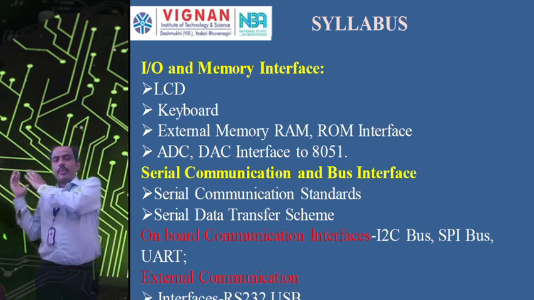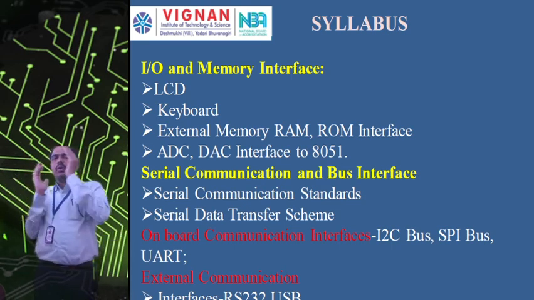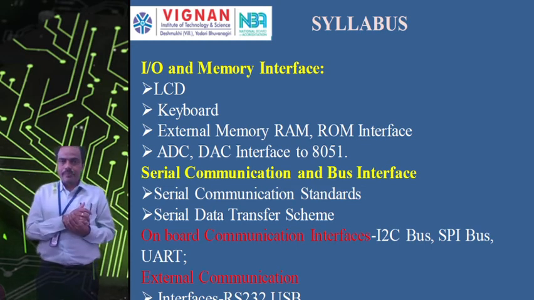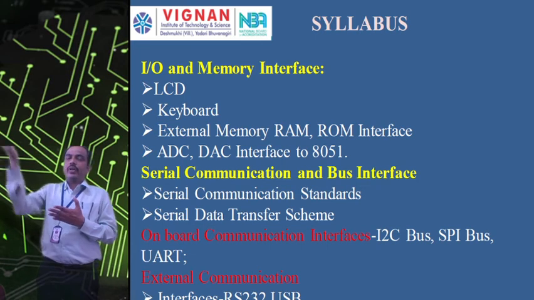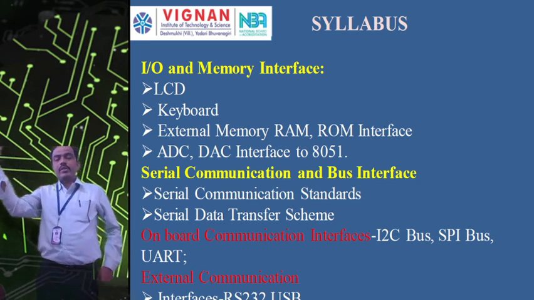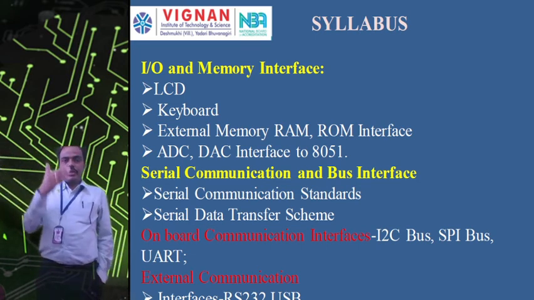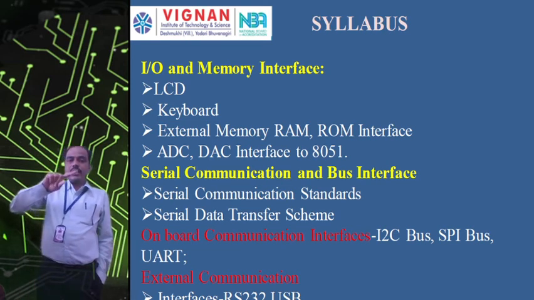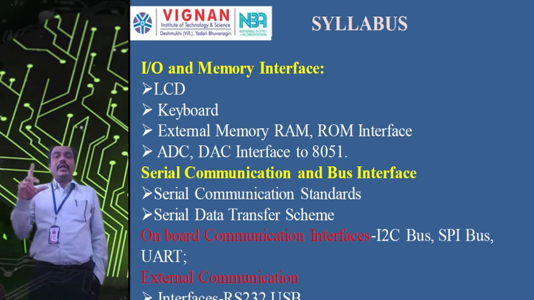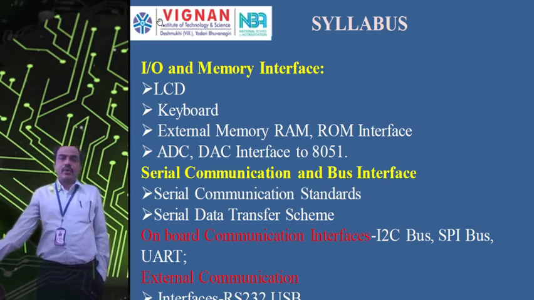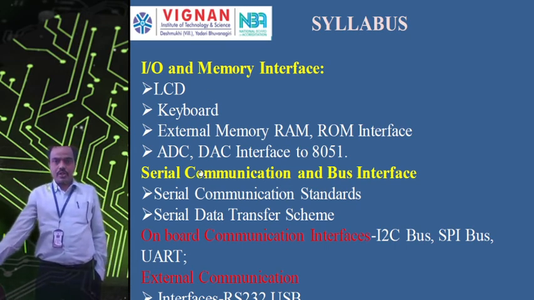Therefore, that information is interfaced to the microcontroller through an ADC. And if you want to give an output signal to a particular actuator controller, sometimes those devices may be analog, but the microcontroller provides digital data. So that digital data should be converted to analog. Therefore, DAC. So how will this ADC and DAC be interfaced? Everything we are going to discuss in this first part.